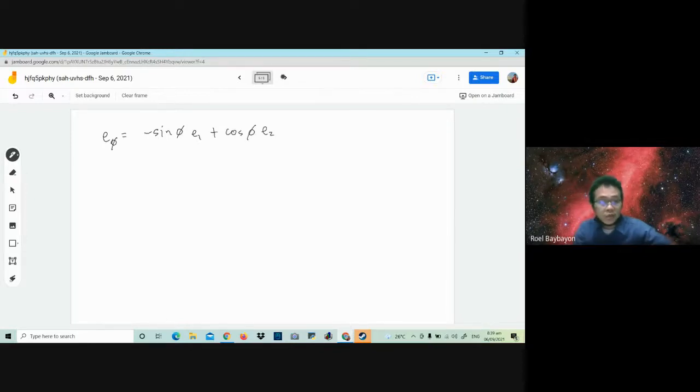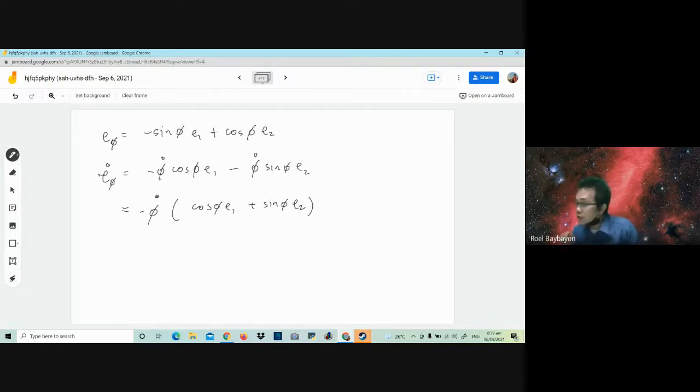So the derivative is easy. e phi dot is just equal to minus phi dot cosine phi E1 minus phi dot sine of phi E2. If I factor out the minus phi dot, what remains is cosine phi E1 plus sine phi E2. And what is this?